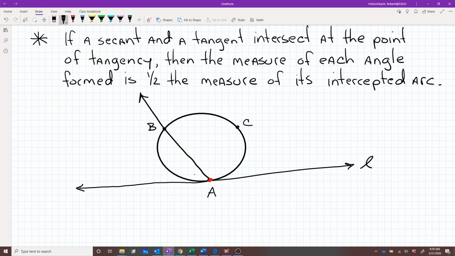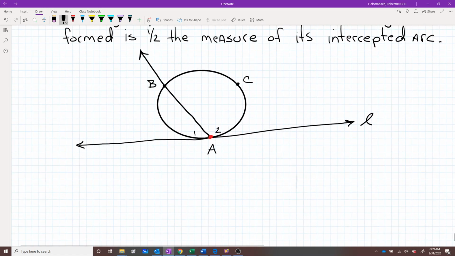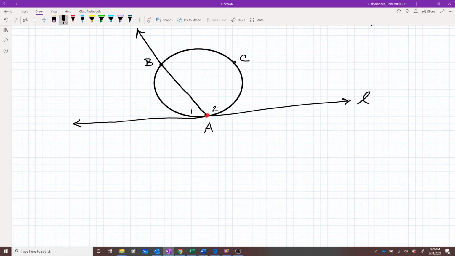So if we call this angle 1 and we call this angle 2, the measure of angle 1 will be equal to 1/2 the measure of arc AB. So this angle, angle 1, will be 1/2 the measure of this arc AB.